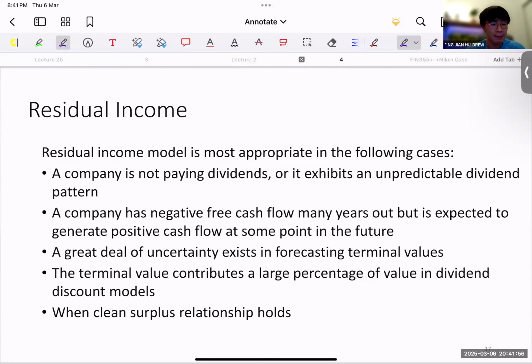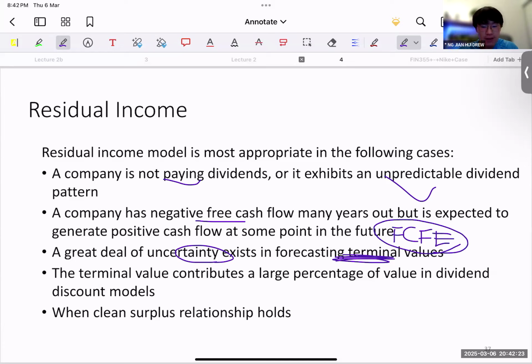So in some cases, where companies are not paying dividends or have unpredictable dividend patterns, or maybe your free cash flow is negative, you can't really use the free cash flow model as well. If you have some uncertainty in terms of your terminal value, recall that for your FCFE, the large component comes from your PV.